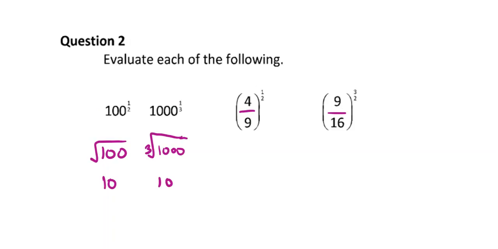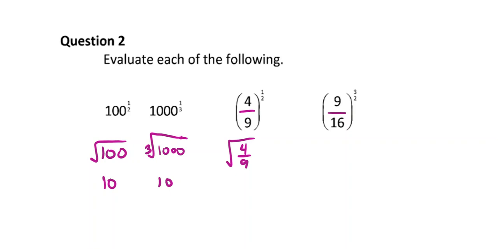Okay, so 4 over 9 to the power of a half. Now this looks confusing because there's 2 fractions happening there, and one's in the exponent. You guys have done ones like this though too, right? To the power of a half would just be the same thing as the square root of 4 over 9. And then 4 is a perfect square and 9 is a perfect square.